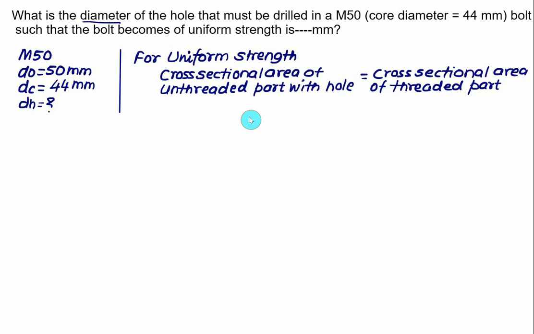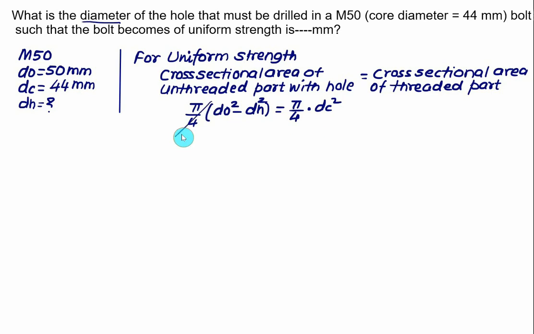For uniform strength, the cross-sectional area of the unthreaded part with hole must equal the cross-sectional area of the threaded part. So we have pi by 4 times Do square minus Dh square must equal pi by 4 times the core diameter square.